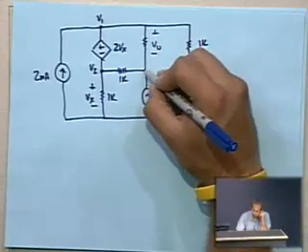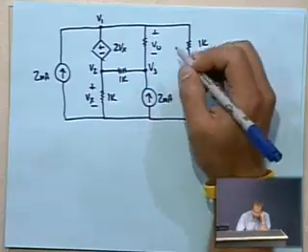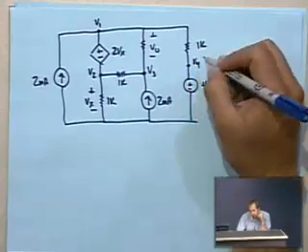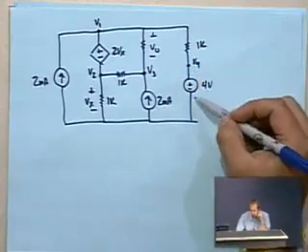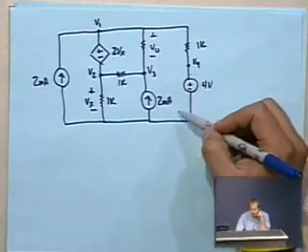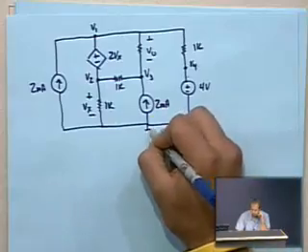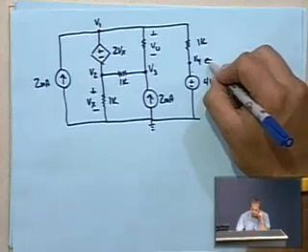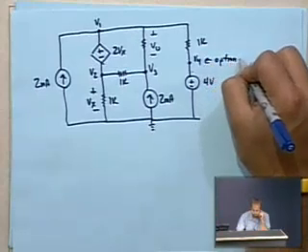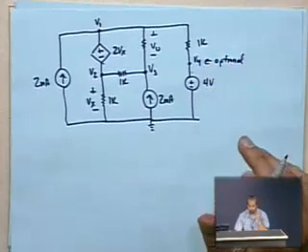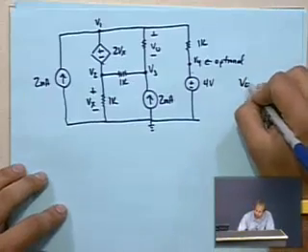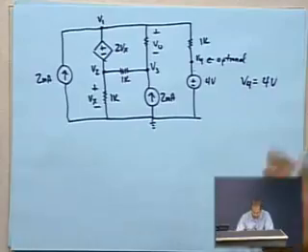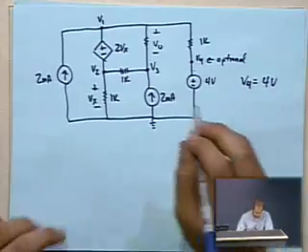We definitely need a node V3 here. And if it helps, you can say there's this node V4 here, but it's just connected between an independent voltage source and the reference node, so you don't really need it. This is totally optional. So what can we write to start with? Well, we know that the node voltage V4 is constrained by the 4 volt source, so we can get that one out of the way nice and easily.